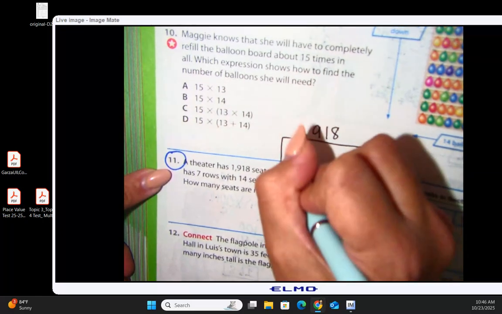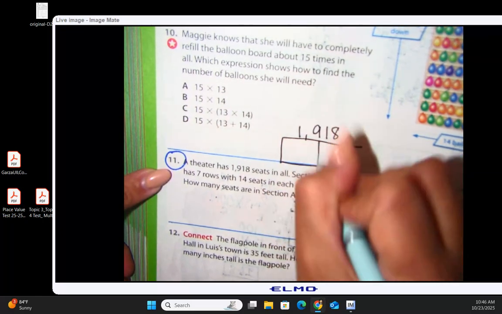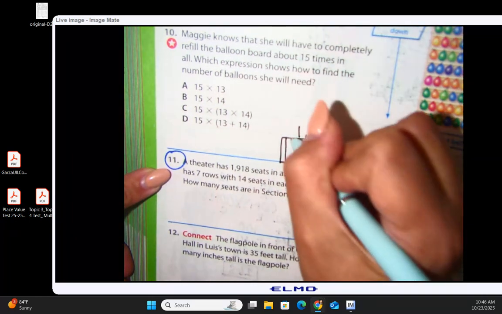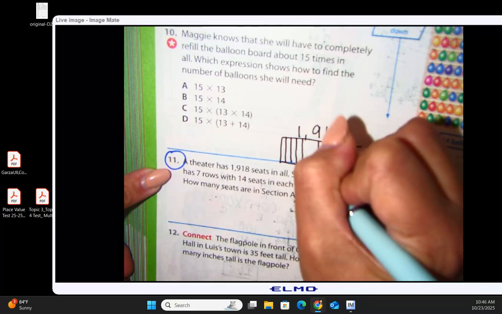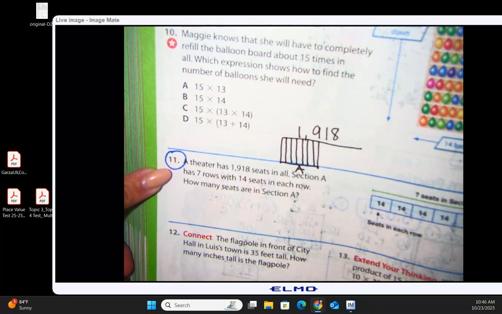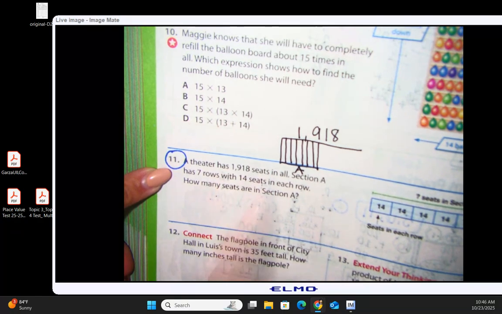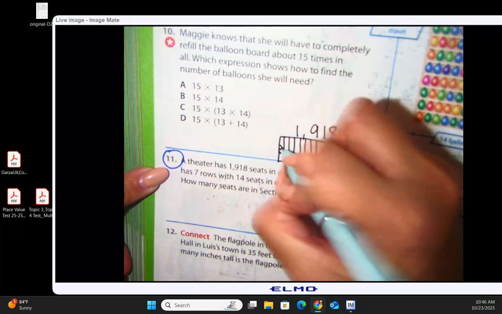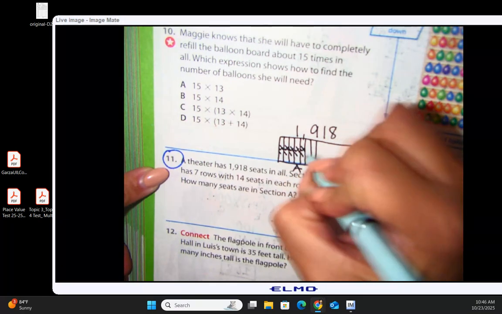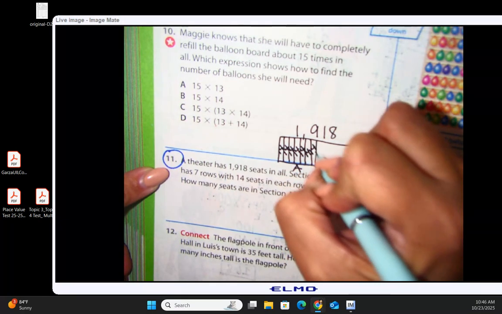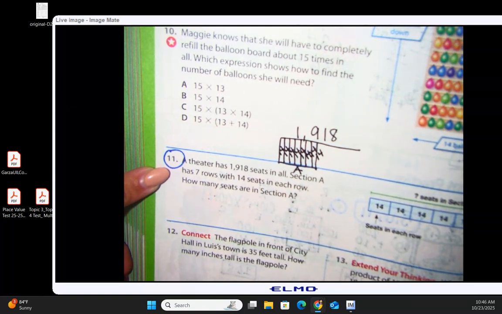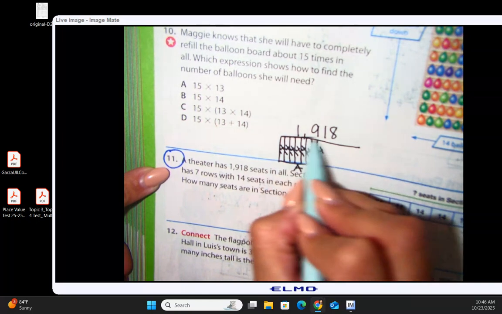Section A has 7 rows. 1, 2, 3, 4, 5, 6, 7. With 14 seats in each row. 14, 14, 14, 14, 14, 14, and 14. How many seats are in section A? So they only want to know right here.